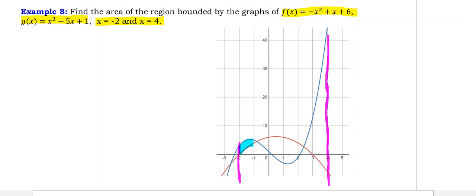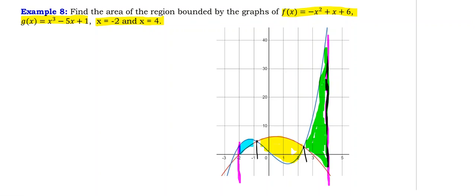And then we have another area in here, which goes up to this other unknown point where the two curves cross, which we'll determine in Desmos. And then we have a third area between the two curves, all in through here. So we actually have three different areas, which we can call area A, B, and C. And of course, these are all graphed in Desmos.